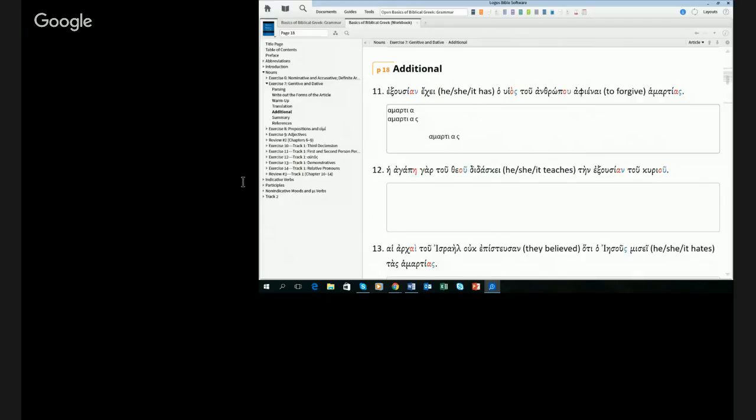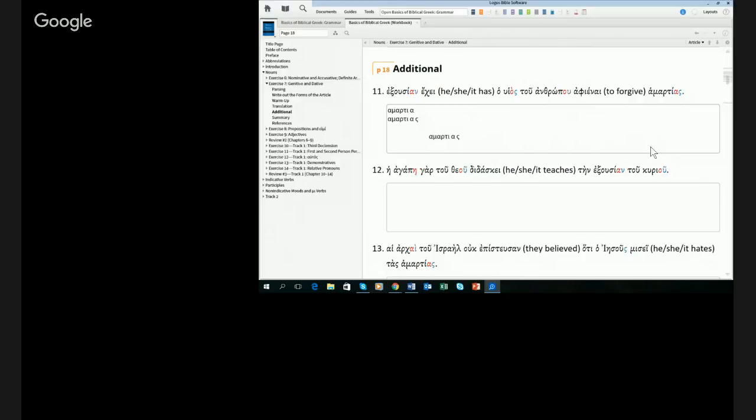It's the only case, the epsilon iota rho before the alpha. It's the only case where these two are potentially the same. So looking at this word, there's no article, there's no preposition, and the form hamartias could be genitive singular or accusative plural.